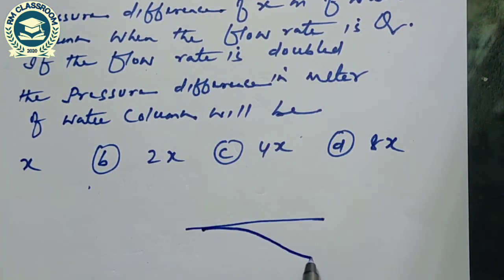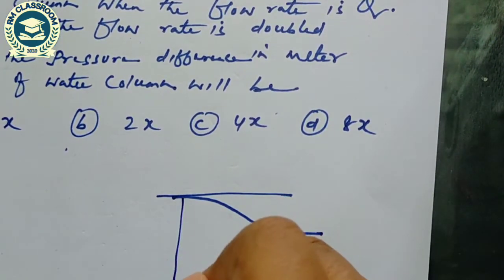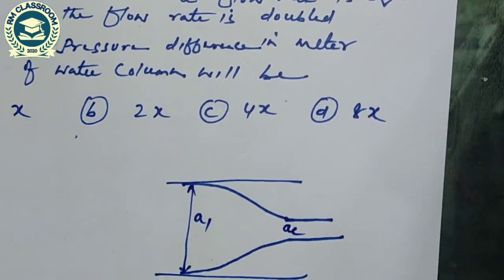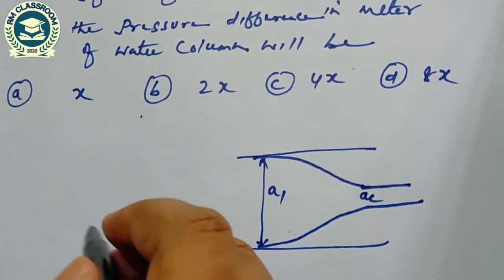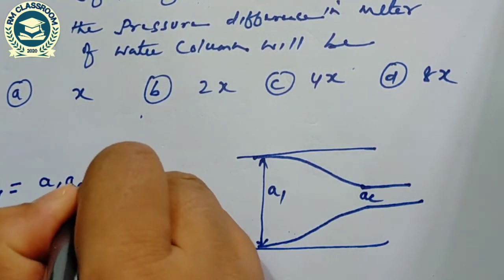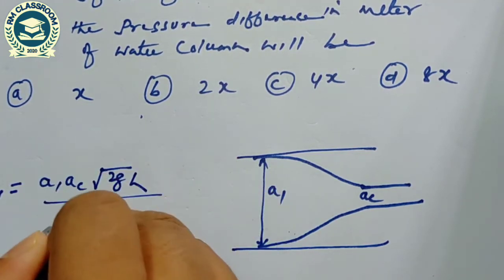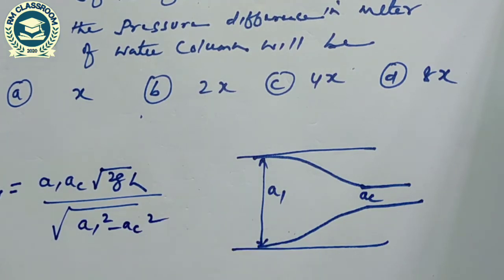So this is A1 and this area is AC. We know that in orifice meter the discharge Q is equal to A1 into AC root under 2GH divided by square root of A1 square minus AC square.